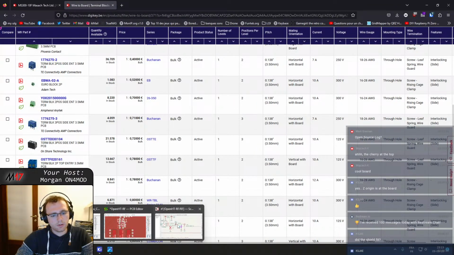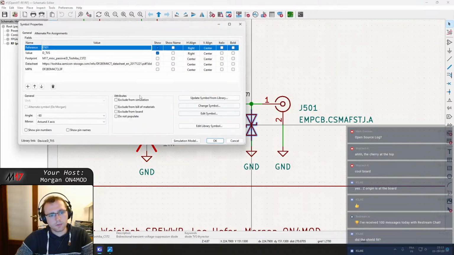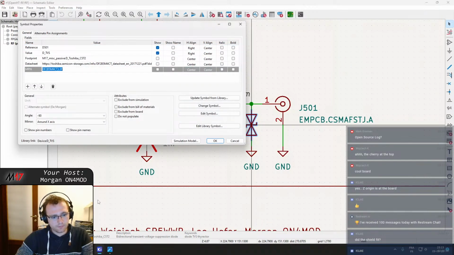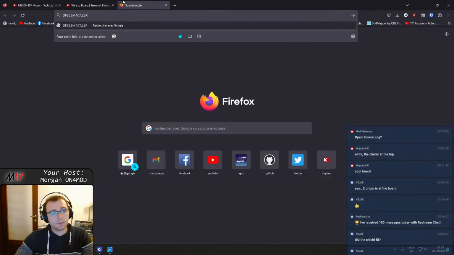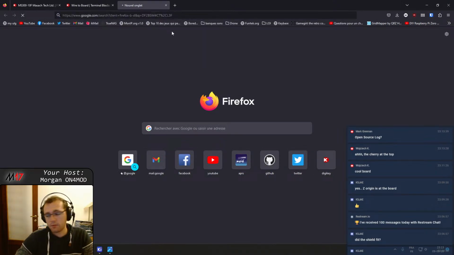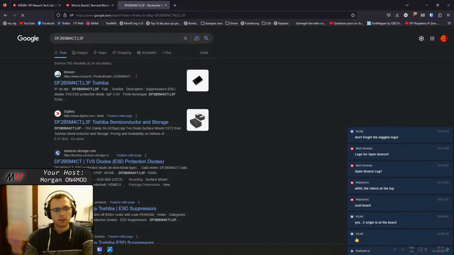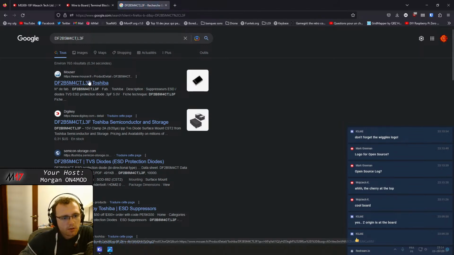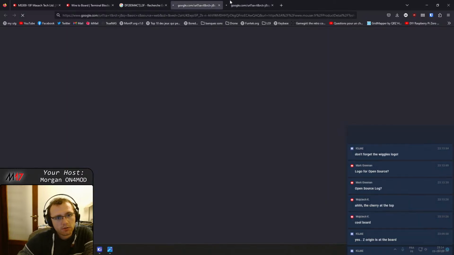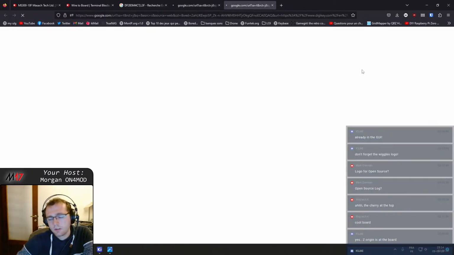And open source logo. Yes, why not? But yeah, Voyager, just tell me what logos you want me to add or not, and I will do it. Not today though.